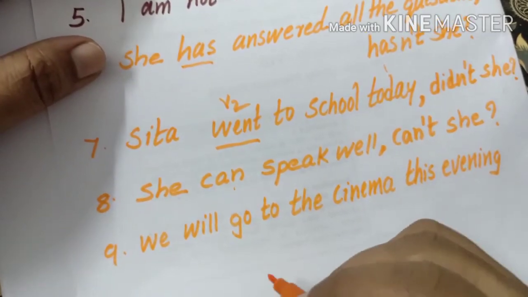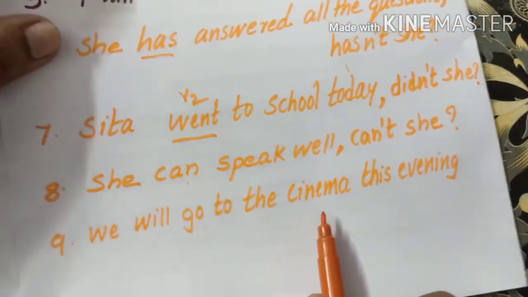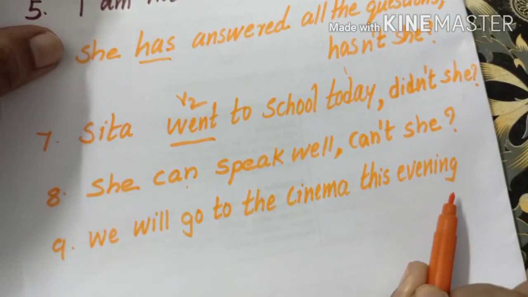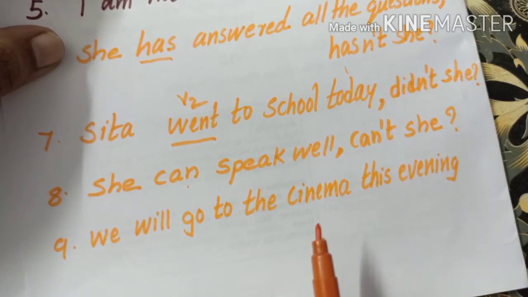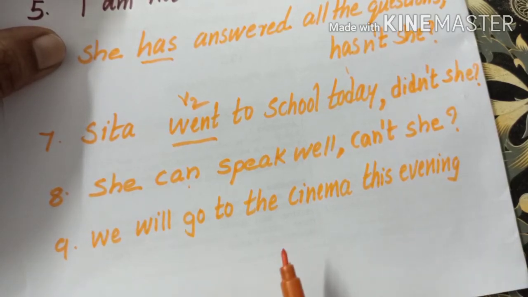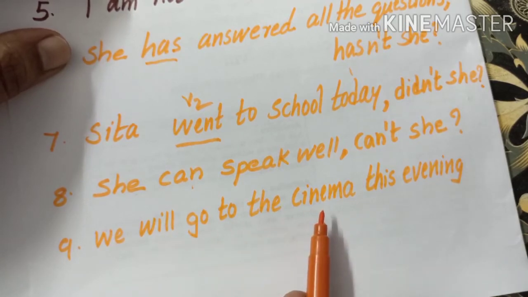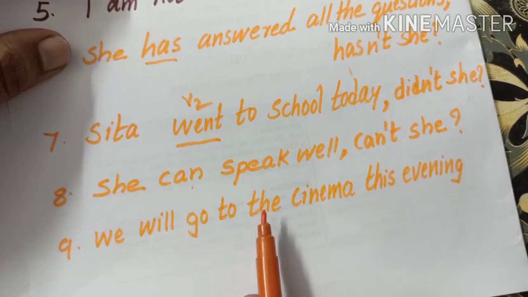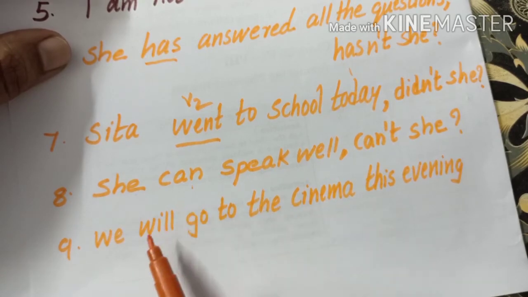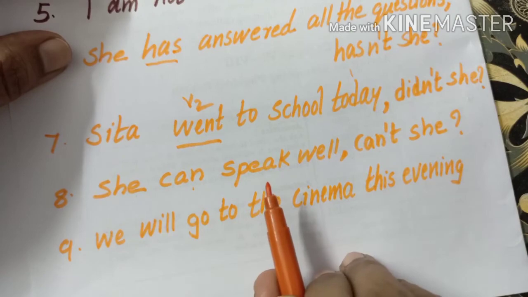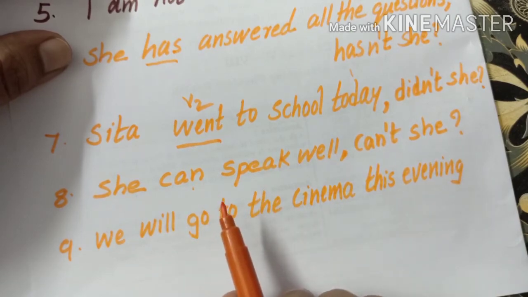Okay, we will see this example also. We will go to the cinema this evening. Here, what is the auxiliary verb? Is there an auxiliary verb? Yeah, will is the auxiliary verb. So, is it positive or negative? Yeah, it is positive. So, we should use the negative form of the auxiliary verb will. Will negative, won't.